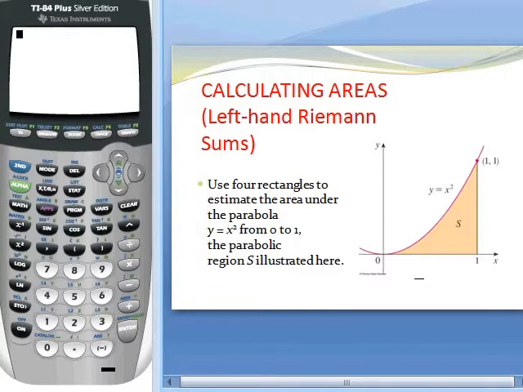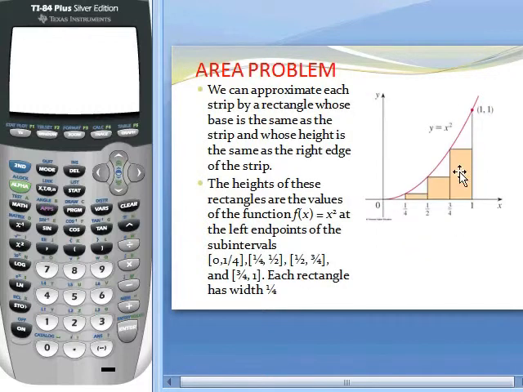This time we are going to look at left-hand Riemann sums of the same function, y equals x squared from 0 to 1 with 4 strips, but this time we are going to take the left-hand values. When I do the left-hand approximation, you look at the left-hand value of the function.